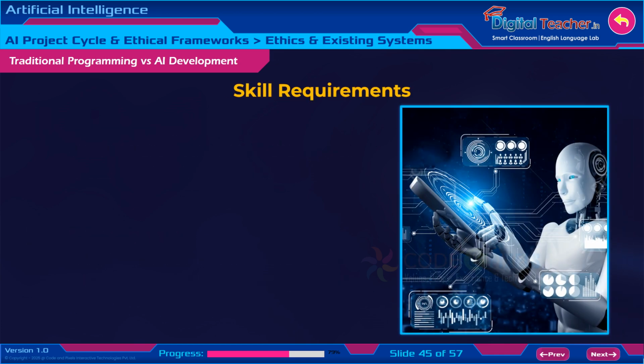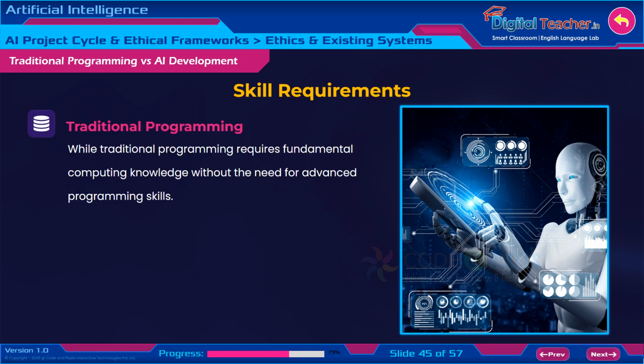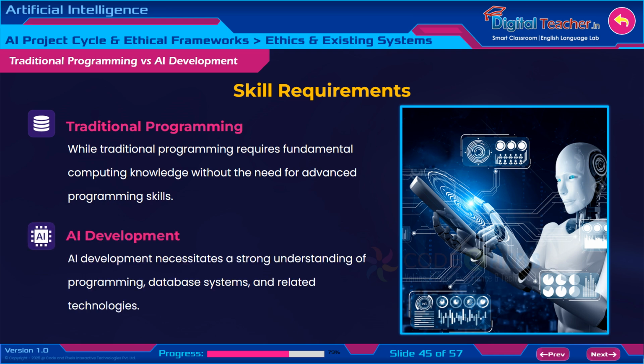Skill requirements. While traditional programming requires fundamental computing knowledge without the need for advanced programming skills, artificial intelligence development necessitates a strong understanding of programming, database systems, and related technologies.